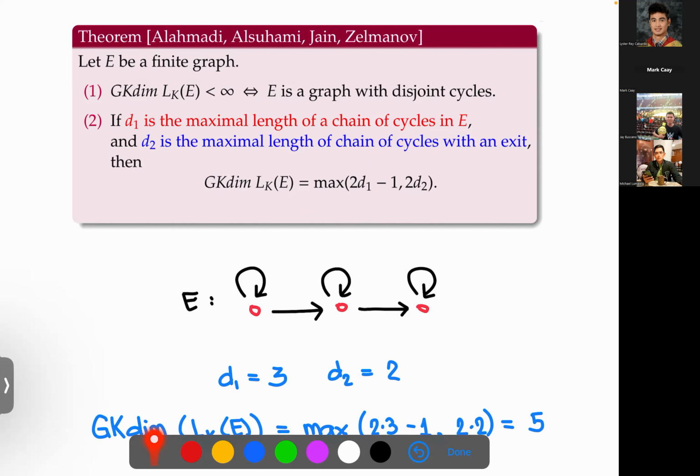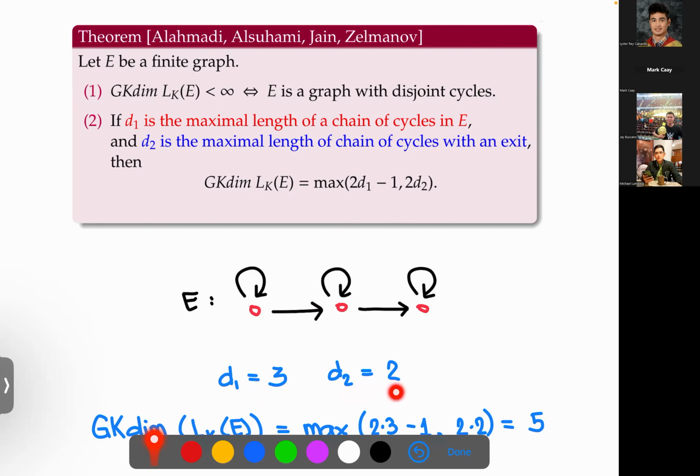Therefore, here, D1 is the maximum length of a chain of cycles. I did not define a chain of cycles: it's cycles that are connected by paths, forming some sort of chain. So this is a chain of cycles of length 3 because I have 1, 2, 3, which also corresponds to the maximum length.